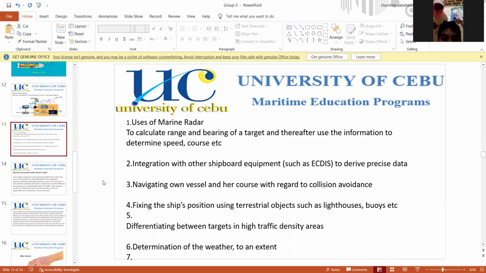Number three is navigating a vessel and her course with regard to collision avoidance. Number four is fixing the ship's position using terrestrial objects such as lighthouses, buoys, etc. Number five is differentiating between targets in high traffic density areas. And six, determining the weather to an extent. Next.